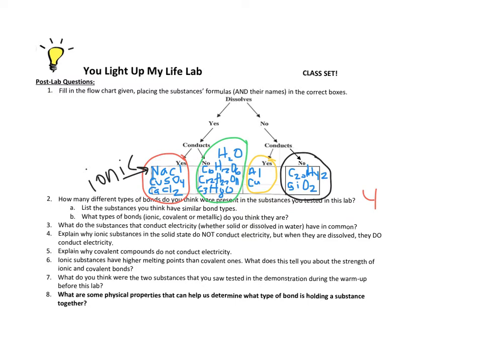And then in the next one, if you take a look at the periodic table, all of these are found on the right-hand side, obviously except hydrogen. He's the poser on that left-hand side, but he is still a nonmetal. And so all of these guys are nonmetals, and so we call that covalent.